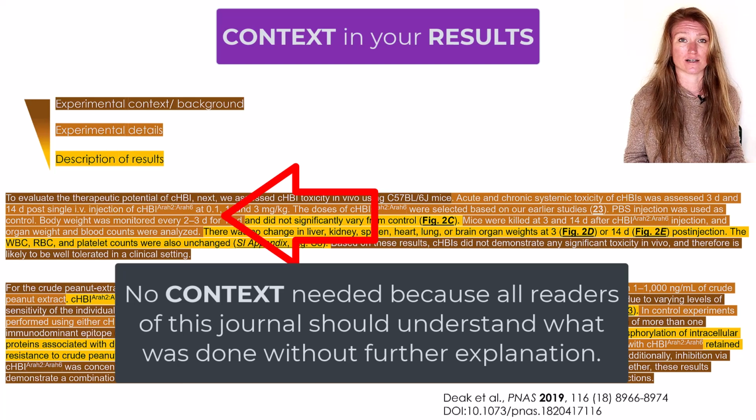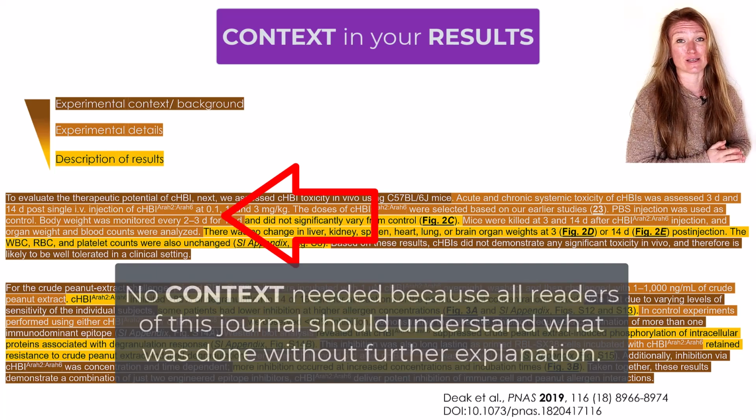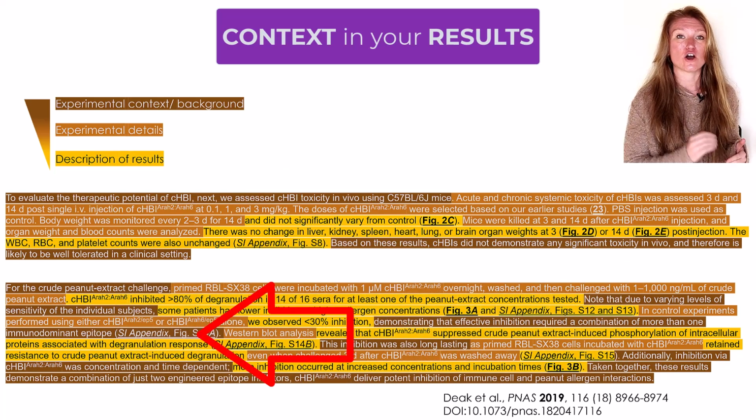Most people know what a toxicity study means. They know what it means when no toxicity is seen. This does not need to be explained, okay? So here, the writer is able to just provide the results, and the reader is able to interpret them for themselves.